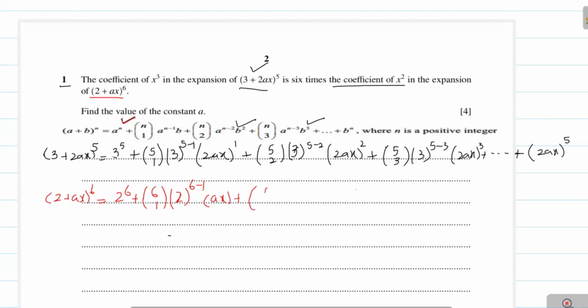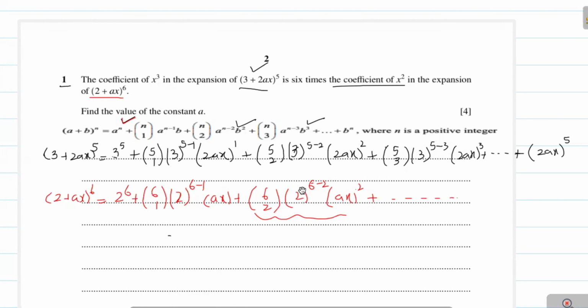The next term is 6C2 into 2^(6-2) into (ax)^2. We have to find the coefficient of x square, and this is the term in which the coefficient of x square lies. Therefore, we stop the expansion here.